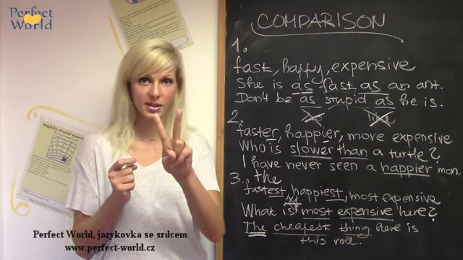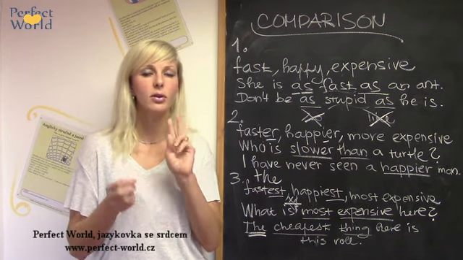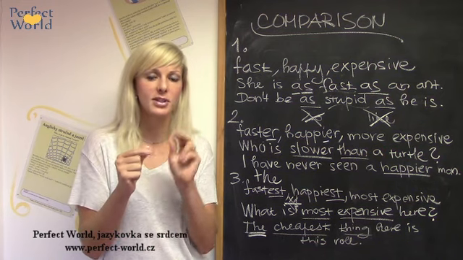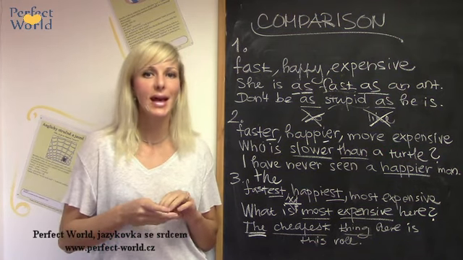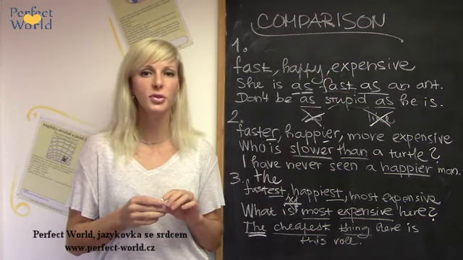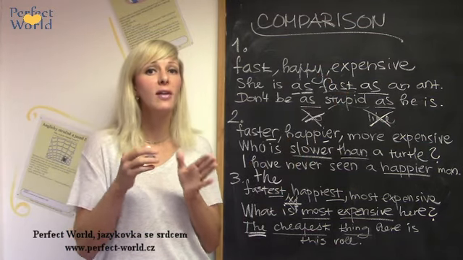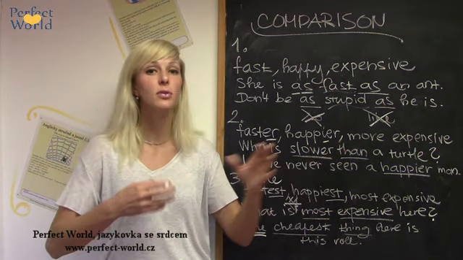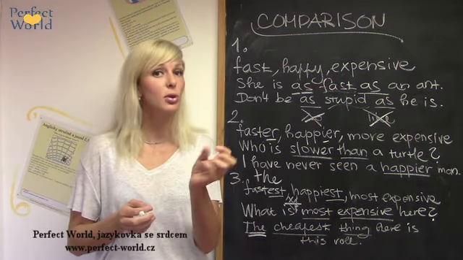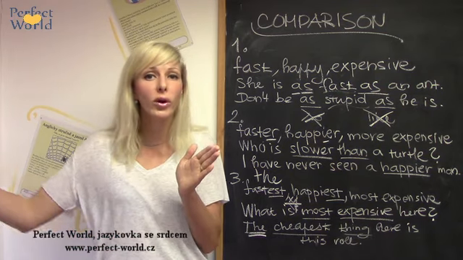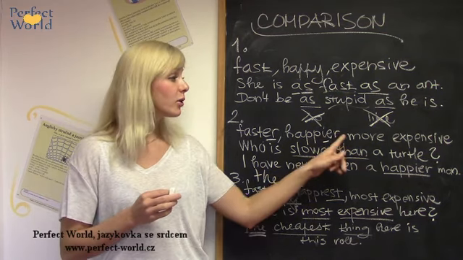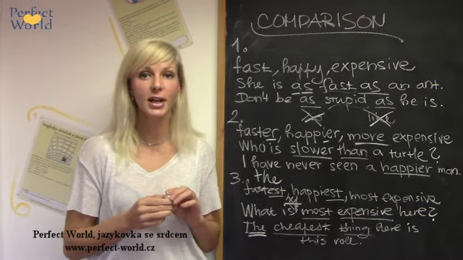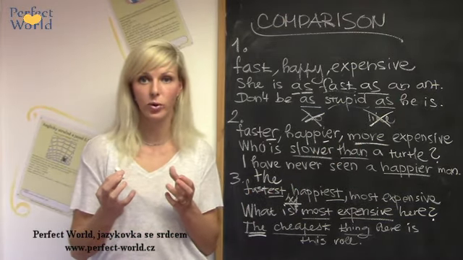Okay, if you have a two-syllable word, like for example boring, which doesn't end with Y, or you have a word which has even more syllables, like expansive, so two syllables not ending with Y and then more syllables, you always put more in front of the word, and you don't add anything to the word anymore.